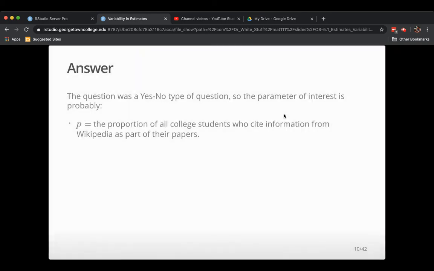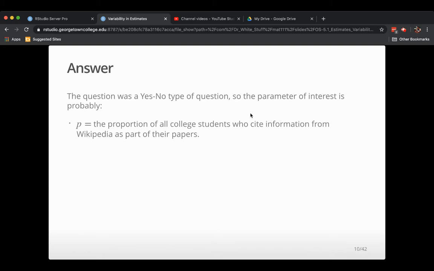Well, here, when the question is a yes-no type of question, a question where there's two possible responses, you might be interested in tabulating how many said one of the responses, like the people who said yes. Maybe you're interested in the proportion of people who would say, yes, I have cited Wikipedia in my papers.